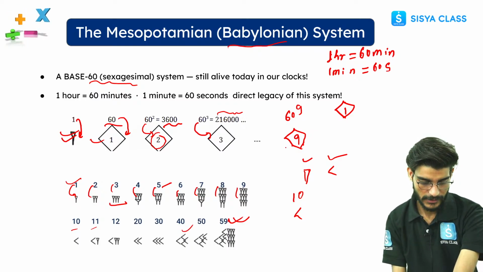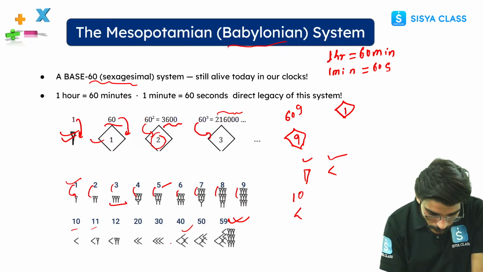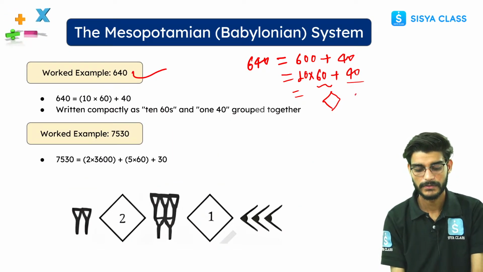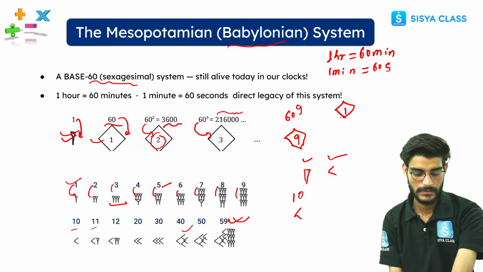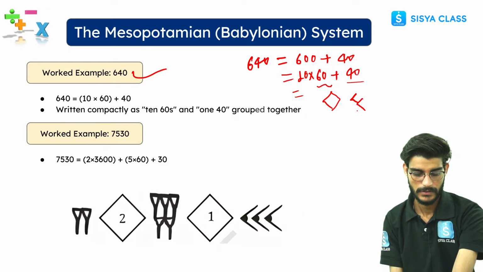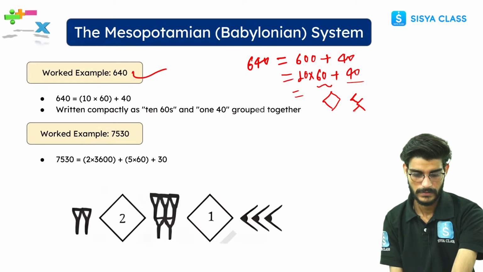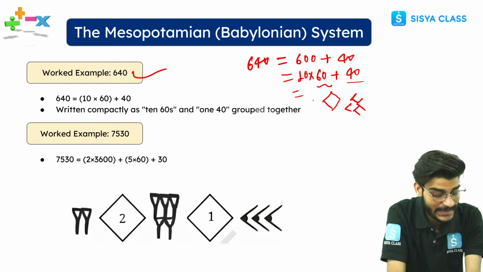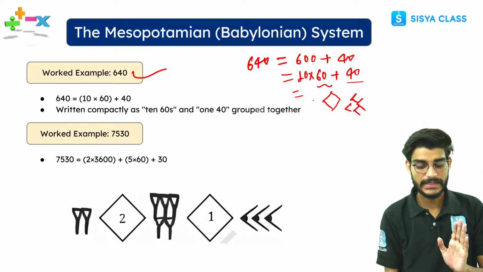How did they denote 40? 1, 2, 3 and 4. Like this they have denoted it. This is how you will denote 10 into 60 plus 40.